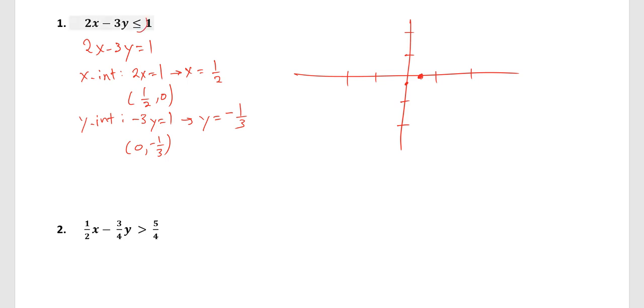And then the inequality sign has an equal component, so this will be a solid line. So just graph the solid line. And again, this just keeps extending.